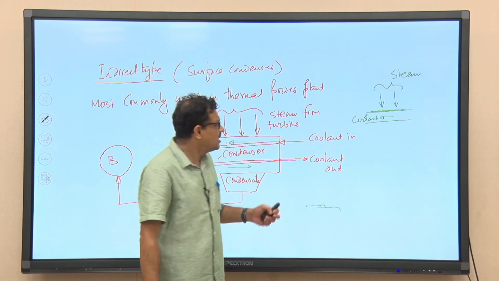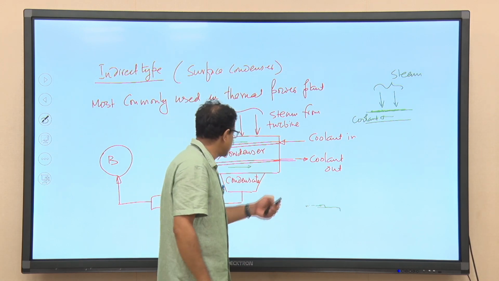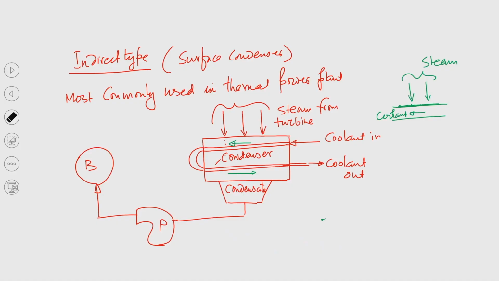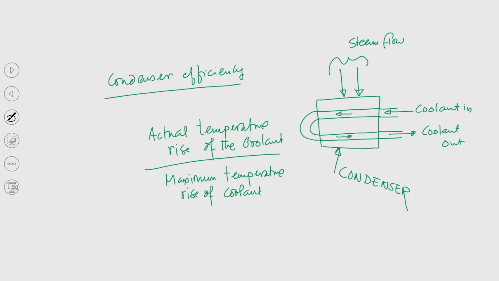So, eventually if we design this condenser, that okay, I mean if we design the condenser that this will be coolant in temperature T in and this is T out. Okay. So, we know that maximum temperature rise of the coolant is T out minus T in.